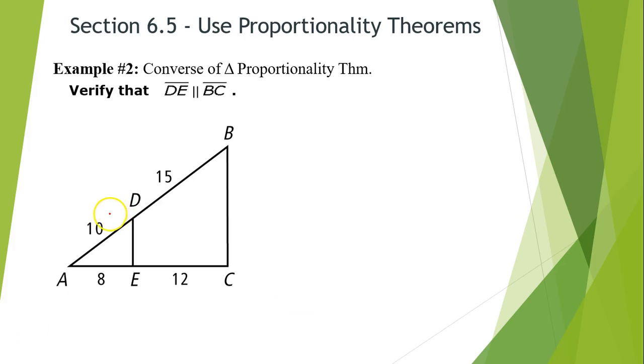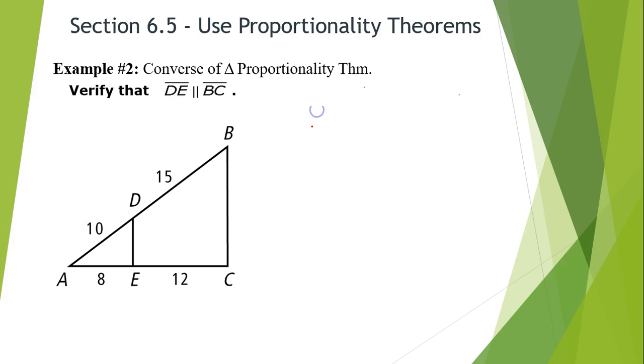Now, example 2 is using the converse of the triangle proportionality theorem. And so this will look like this right here. It'll say verify that the two segments are parallel to each other. So how you verify is you set up the correct proportionalities.